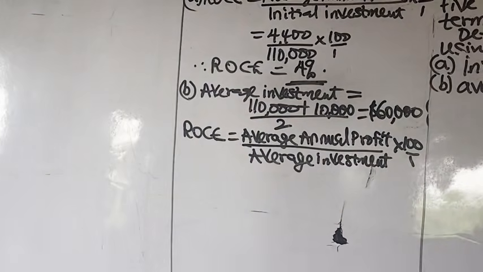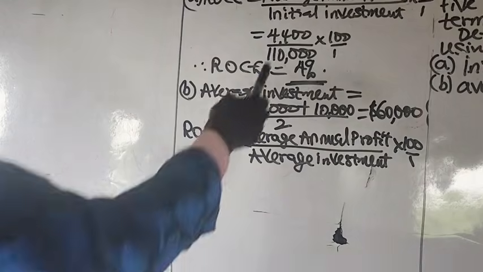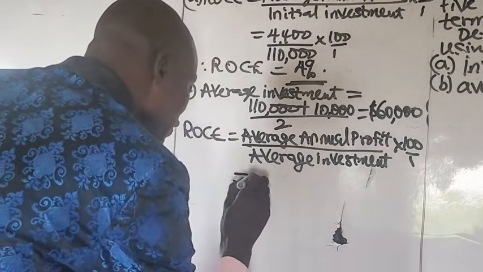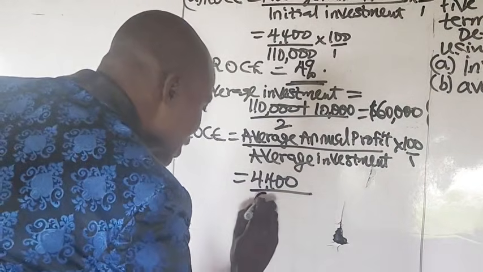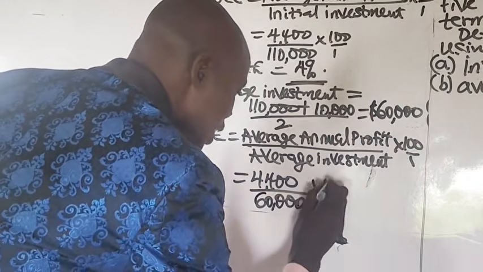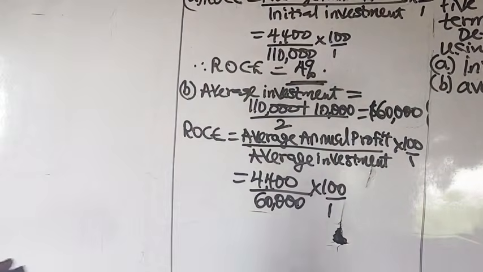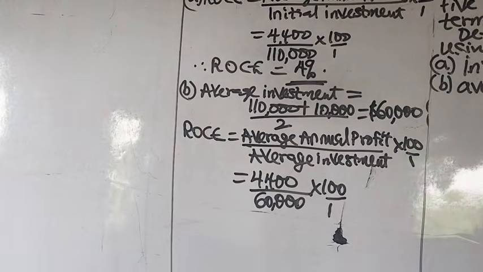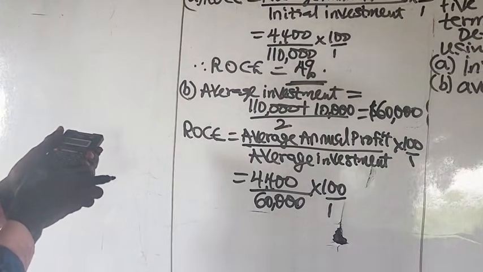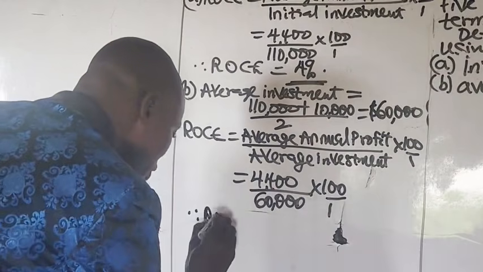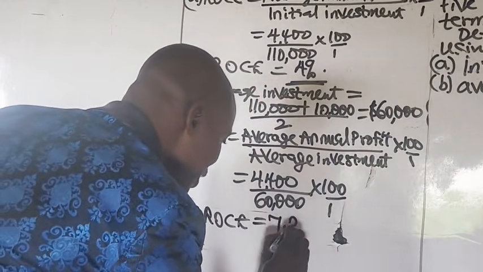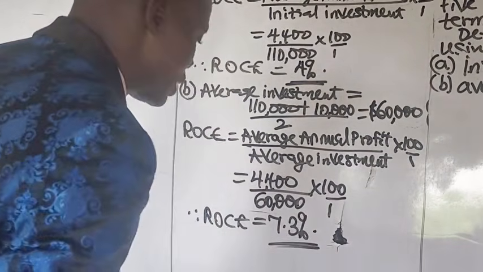As calculated above, the average profit is 4,400 over the average investment as calculated, which is 60,000, times 100 over 1. So 4,400 divided by 60,000 times 100. Then we have 7.3%. Therefore, our ROCE equals 7.3%. That is the solution to example 1.